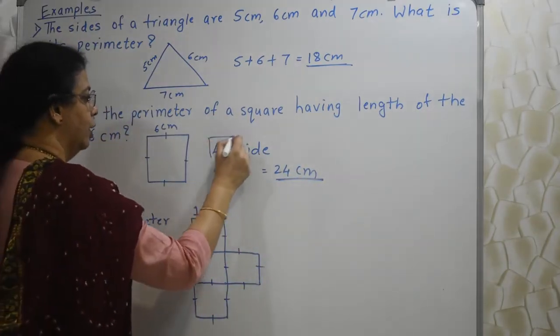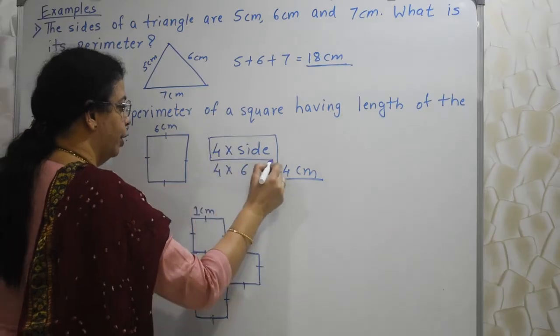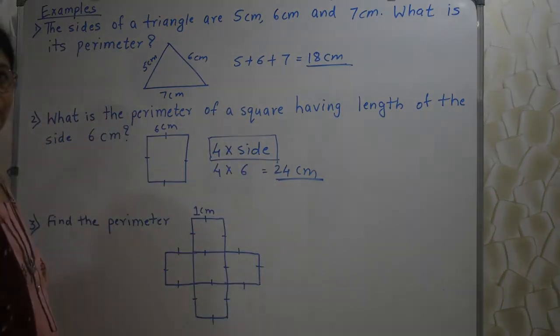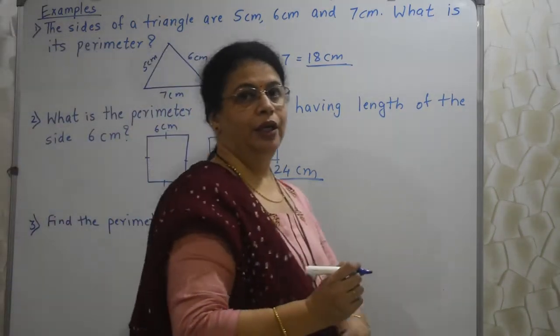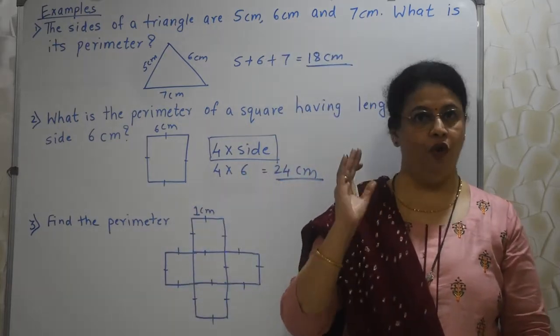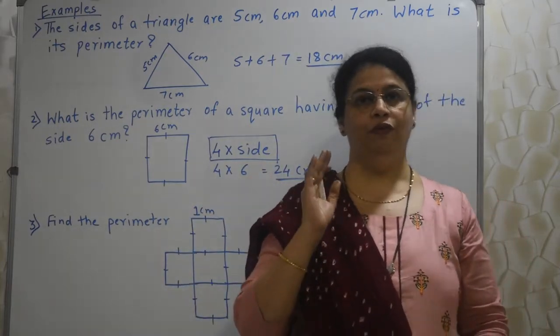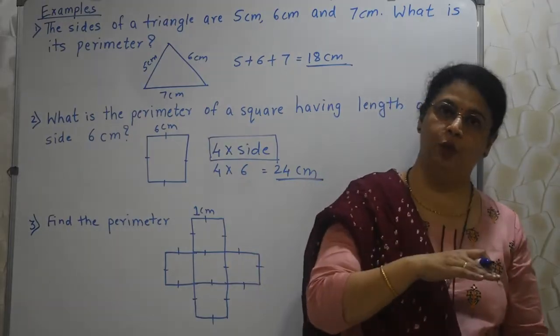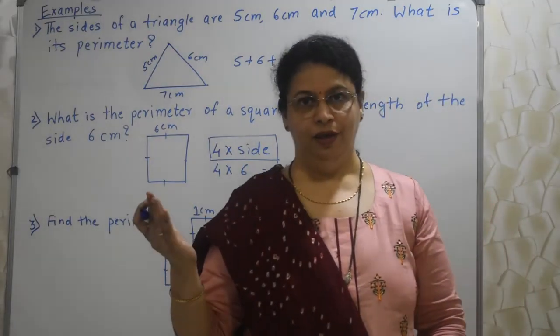This formula is very important. Perimeter is again based on formula, so you should know all the formulas. Formula for perimeter of a square, perimeter of a rectangle.